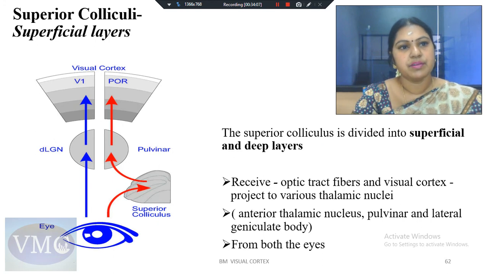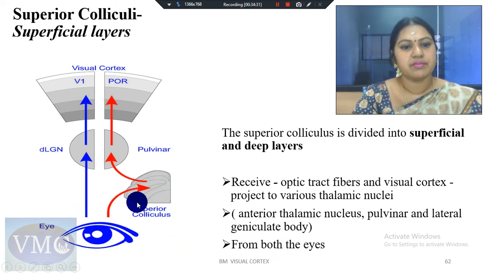So next we will look into the superior colliculi, which is in the midbrain. Here you can see that it is divided into superficial and deep layers. The superficial layers receive optic fibers and project to the visual cortex through various thalamic nuclei. The nuclei involved are the anterior thalamic nuclei, pulvinar and the lateral geniculate body. They receive information from both the eyes.